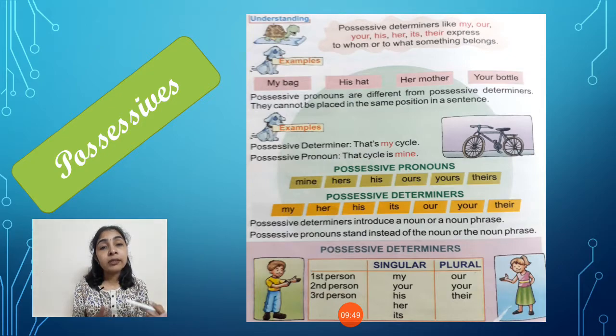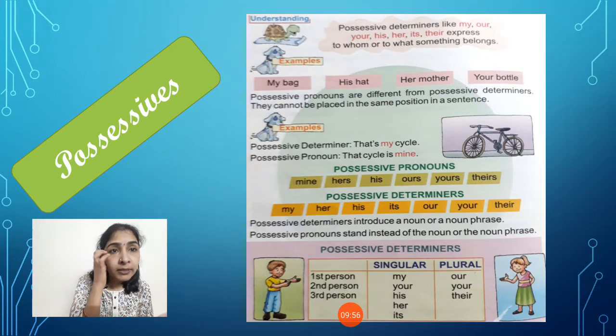So it is telling that this particular noun or thing belongs to whom. For example, my bag, his hat, her mother, your bottle. Again here they are being followed by a noun. So these are possessive determiners.